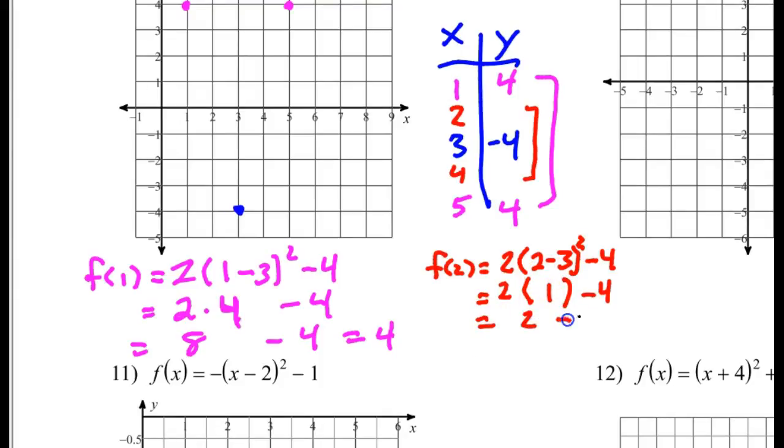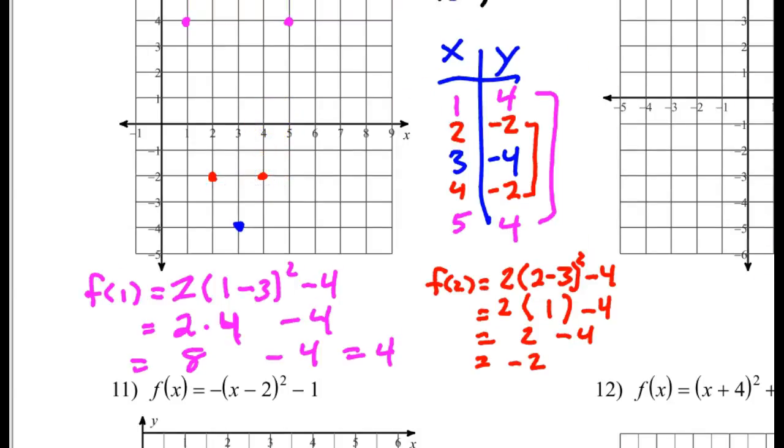We have 2 minus 4, which is -2. So 2 comma -2 right here, and 4 comma -2 here. There's our graph.